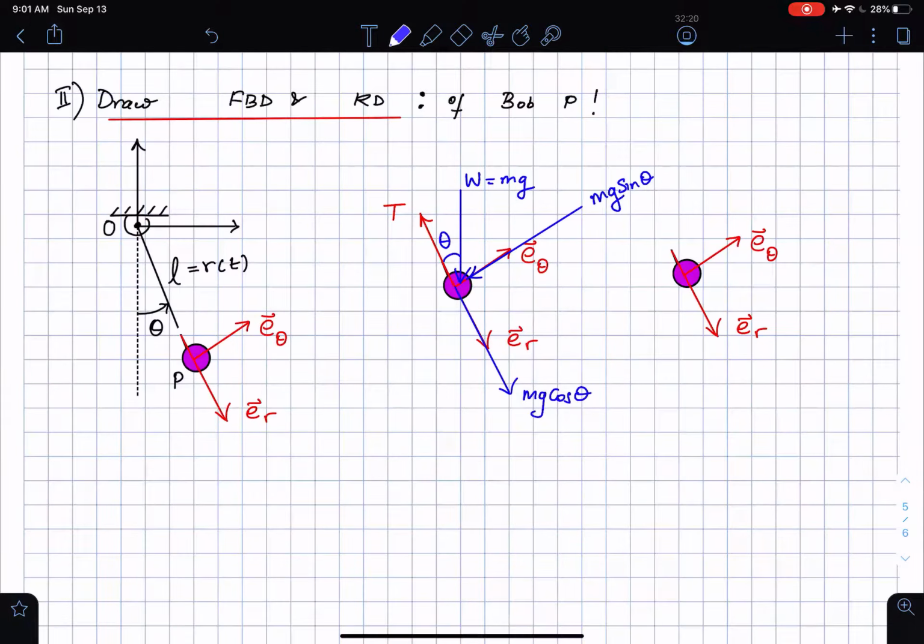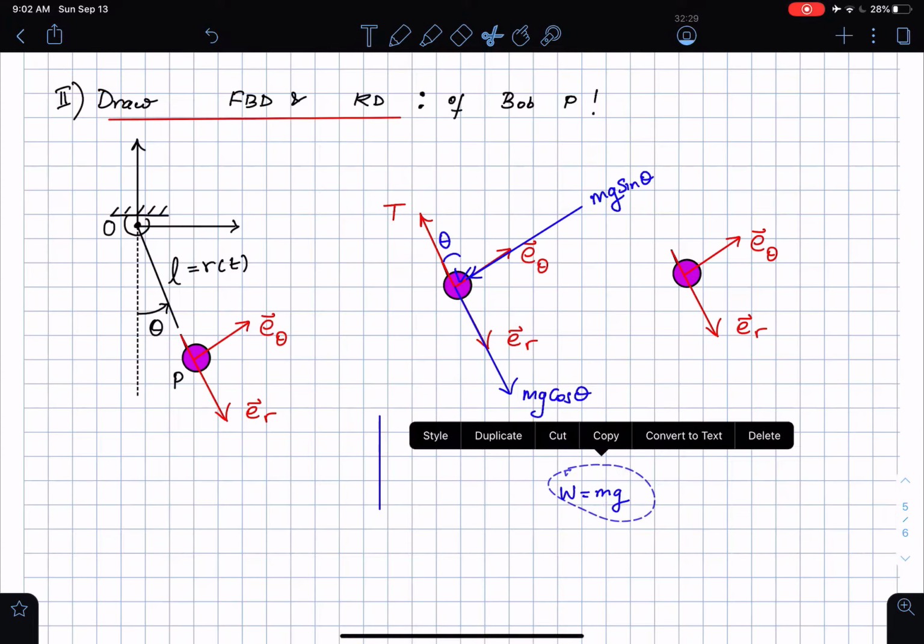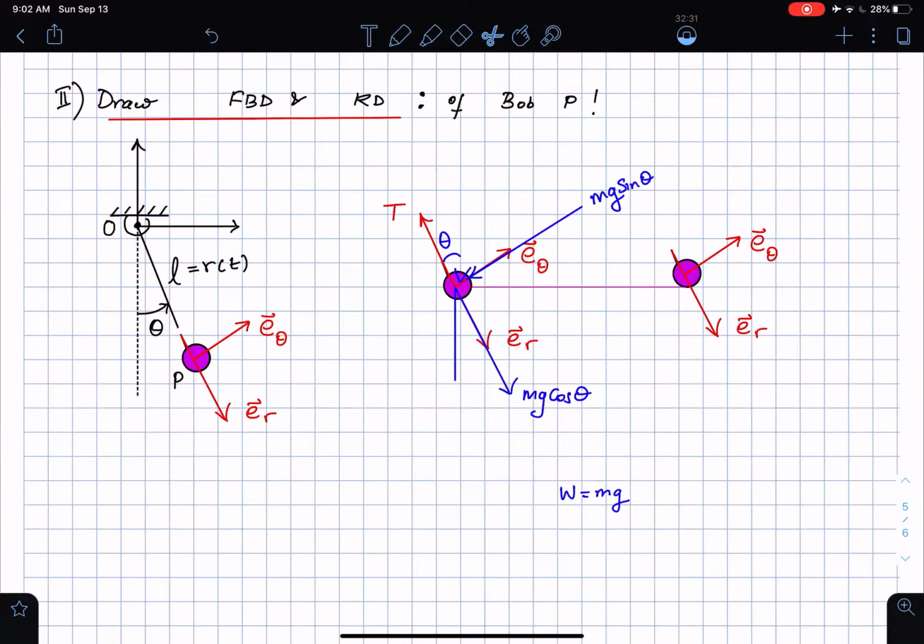And if you want, you can scoot this weight down here. So typically you can draw that here if you want. So maybe let me redraw my figure with the weight shown here. Okay, so this is W. Of course, I've got to get rid of some of these terms here, which is a little hard to do.